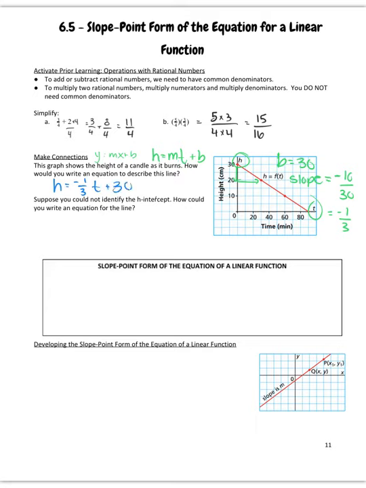Suppose you could not identify the h-intercept here. How could you write an equation for the line? I'm not really sure. We need to get to this before we could attempt that.